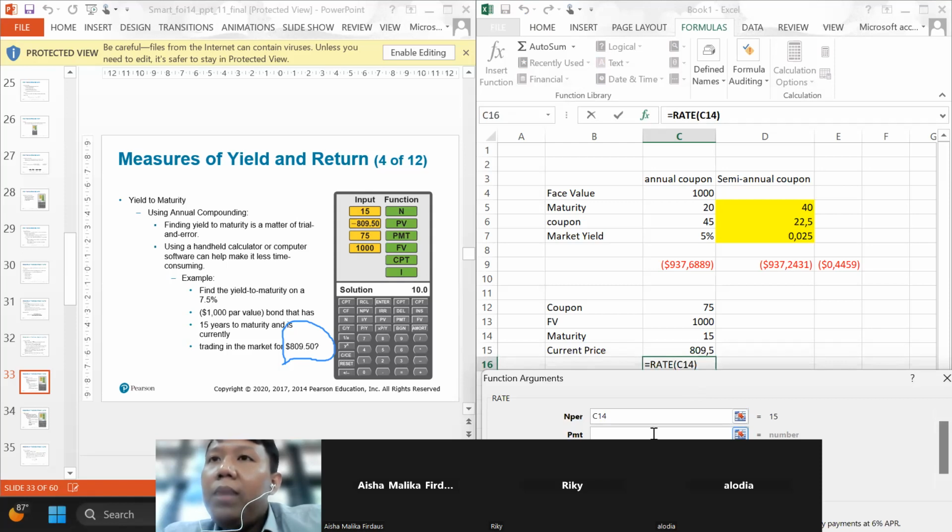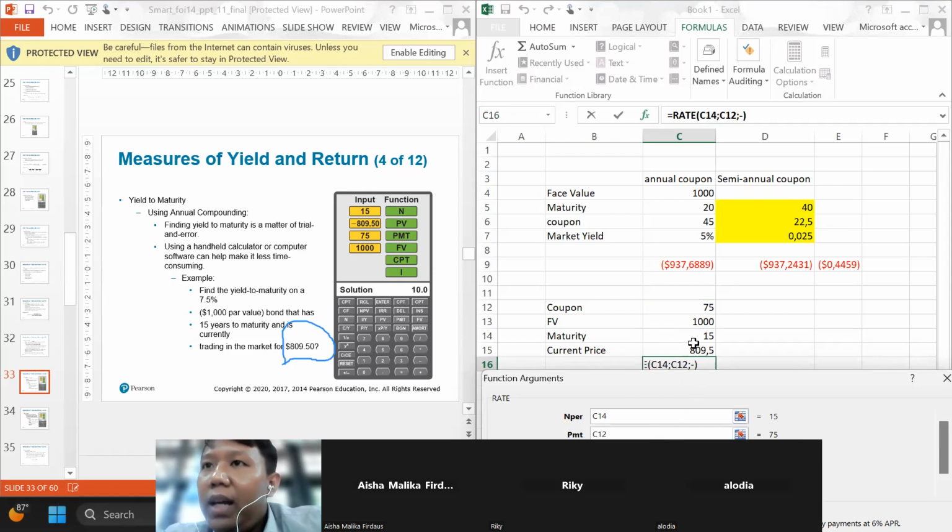The coupon payment here is 7.5% of 1,000 US dollars, which is 75 US dollars. And the present value, the current price. Remember, the current price is 809.5. But in this case, we need to have a negative sign.